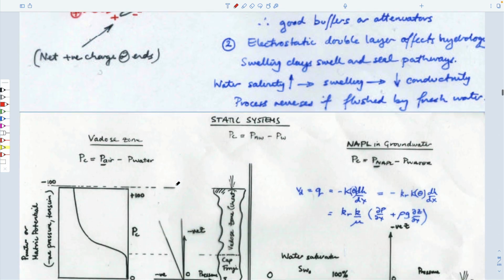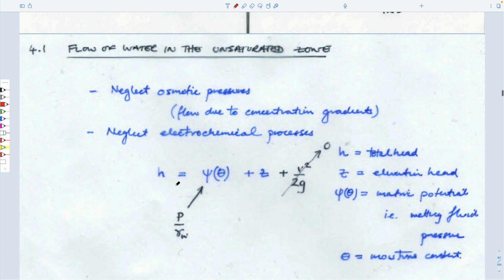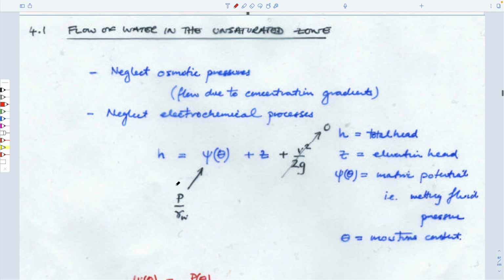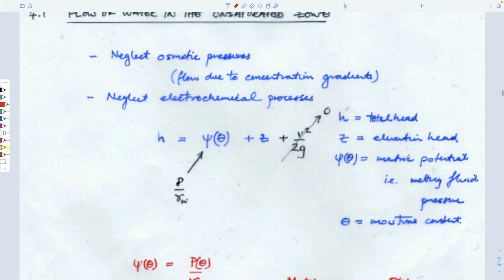And so what we'll talk about today is the fact that in the agronomy literature, things are defined slightly differently. We've already talked about hydraulic head being a function of a pressure head plus an elevation head plus a velocity squared term, inertial head. We always put this to be zero.